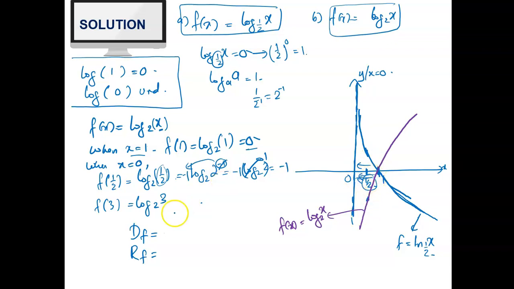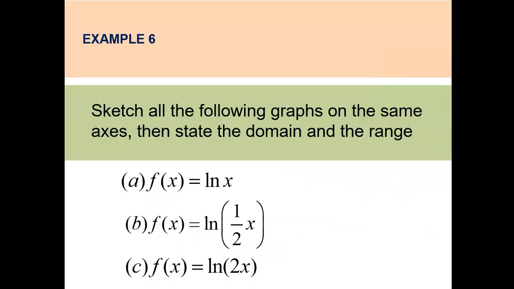So the domain is from 0 to positive infinity. For the range, look at this one here, and also here, it involves all the values of y. So the range is from negative infinity to positive infinity.